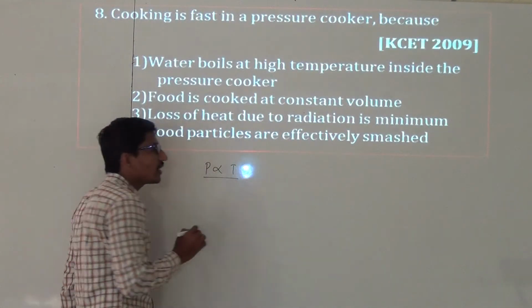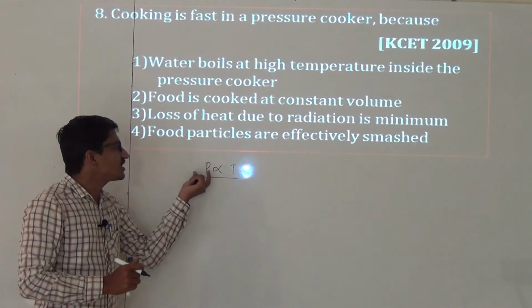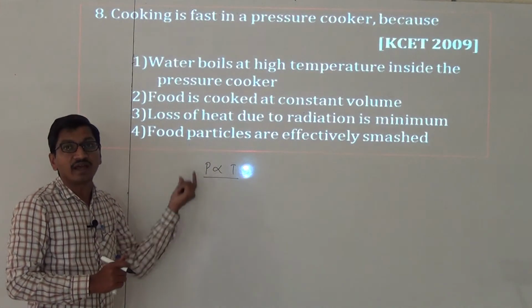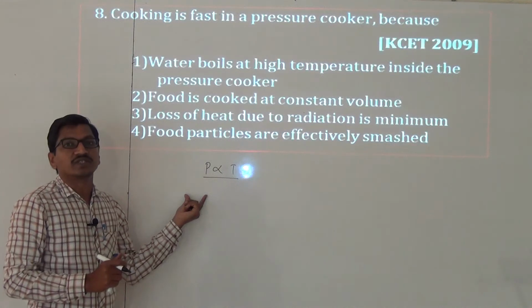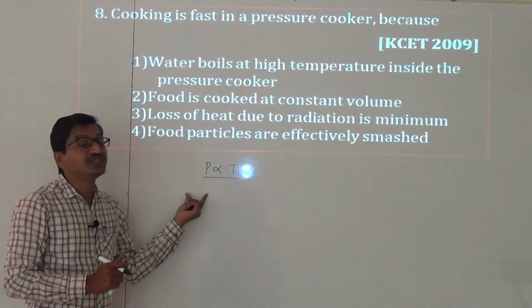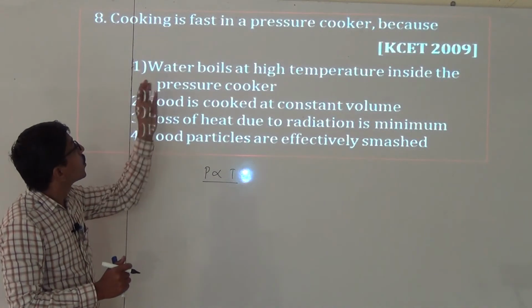In a pressure cooker, the volume remains constant and temperature increases, so pressure increases, and under high pressure water boils easily and the cooking is fast.